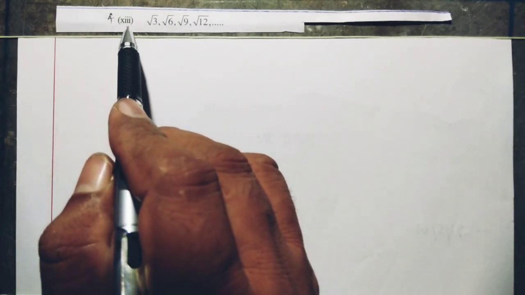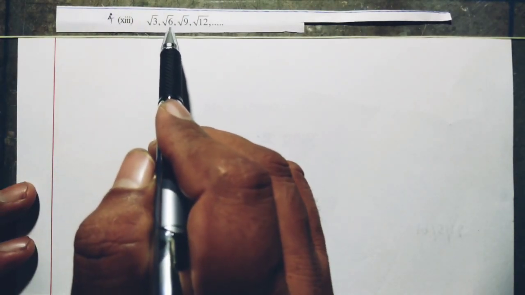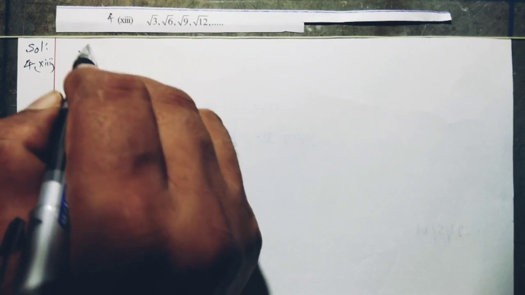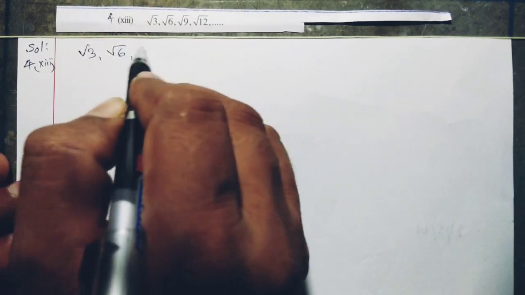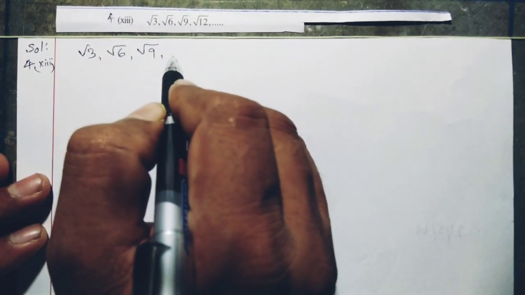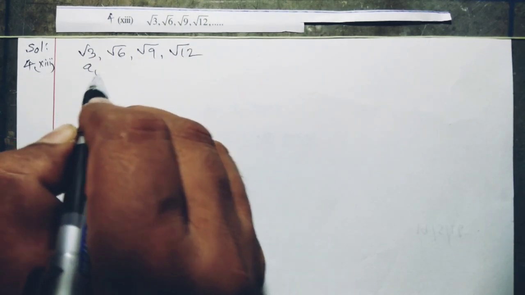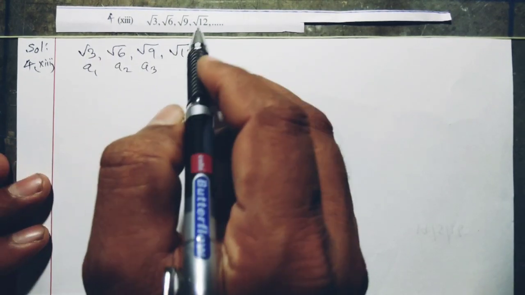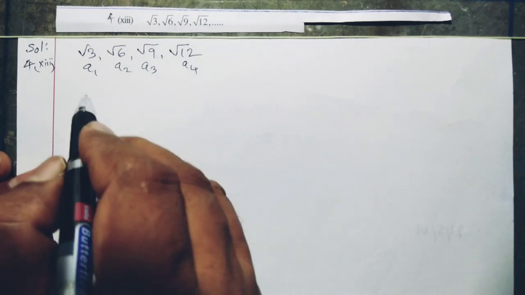Fourth bit, 13th problem: root 3, root 6, root 9, root 12. Solution: given root 3, root 6, root 9, root 12, a1, a2, a3, a4.